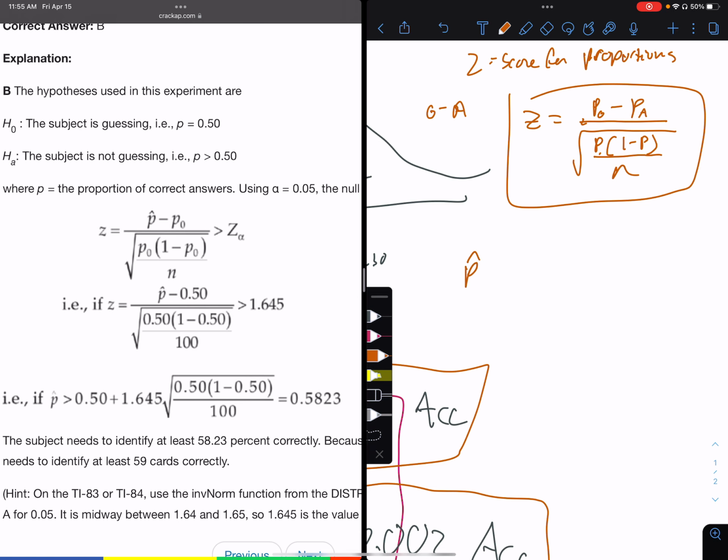All right, interesting. Okay, so this value is telling us that he needs at least this many cards, 59, to prove that he's not guessing. Okay, makes sense. Last one.